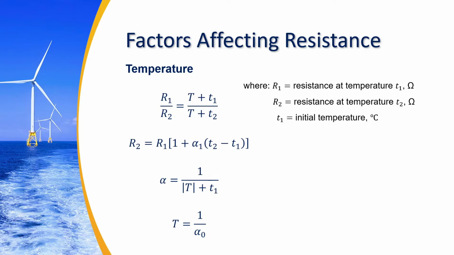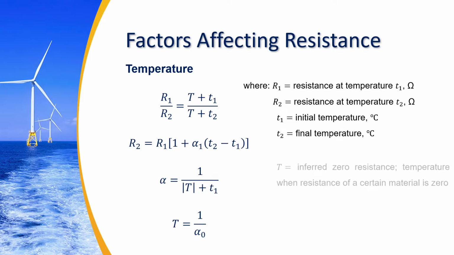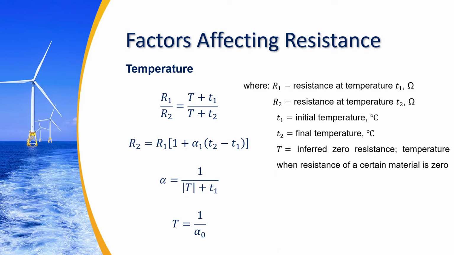Yung T1, initial temperature in degree Celsius. Yung T2, final temperature in degree Celsius. Then, yung malaking T is yung inferred zero resistance, siya yung temperature when resistance of a certain material is zero.